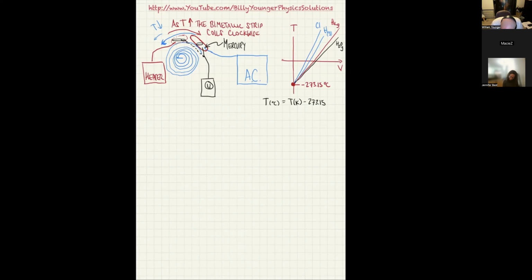So you could say, for instance, the temperature in degrees Fahrenheit is equal to the temperature in Rankine minus, in that case, I want to say it's 492. And I don't know the decimal point on that, but that's sort of what it is.